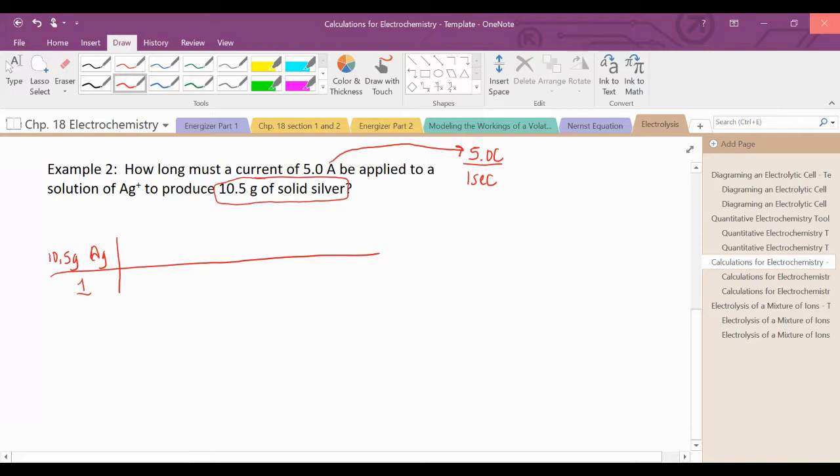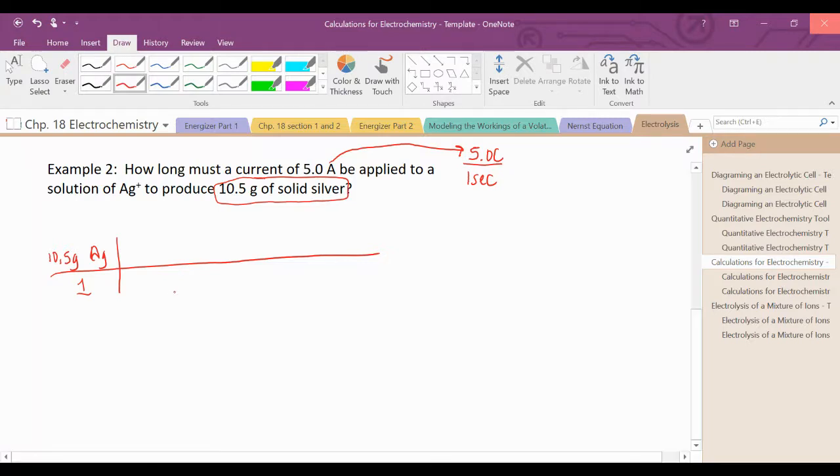All right, so again, we have to be able to use Faraday's constant. And in this problem, we either have to get to moles of electrons or coulombs. In this case, because we're starting out with the mass of our metal, we're going to work to get to moles of electrons.